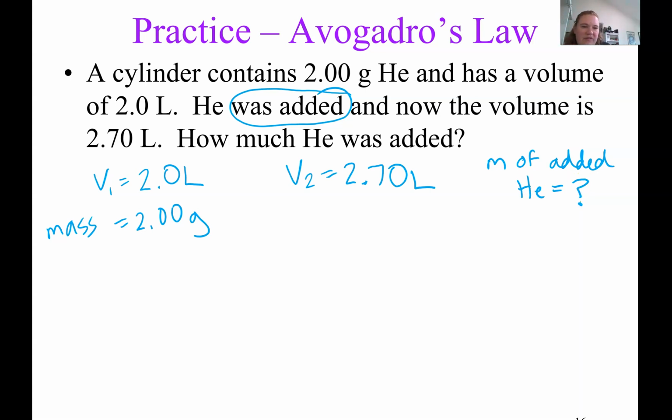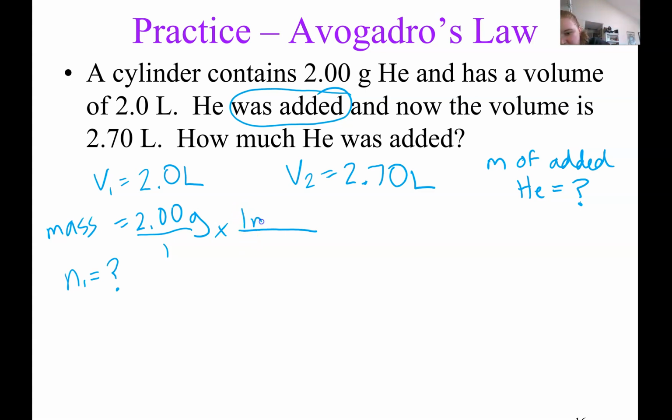This is going to use Avogadro's equation, but we need to do a little bit of converting first. I have a mass, but what I really want to know is how many moles that is. So I'm going to take my mass and use my periodic table to get to the molar mass of helium and get to the moles of helium.